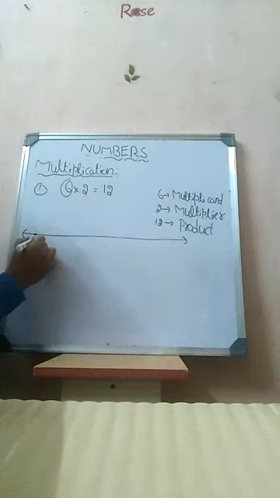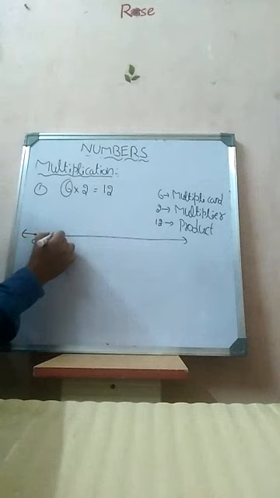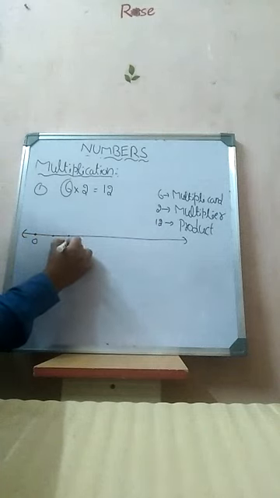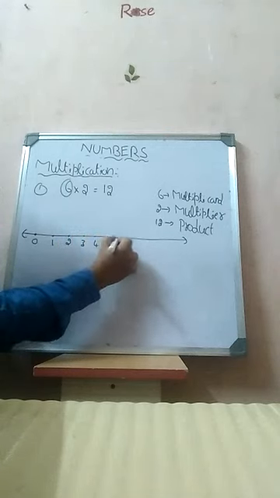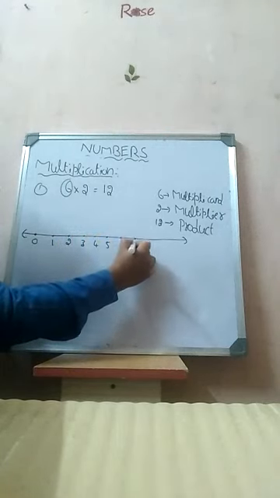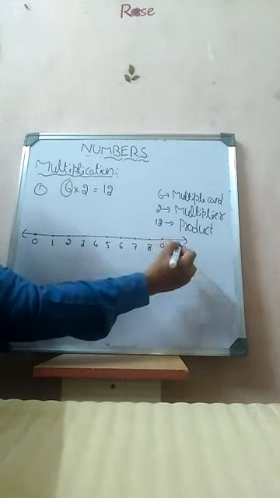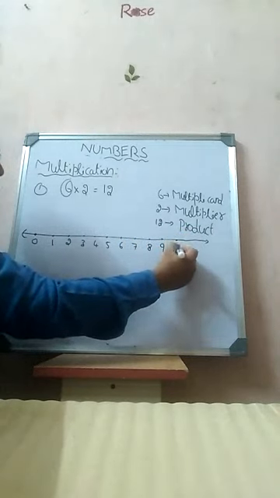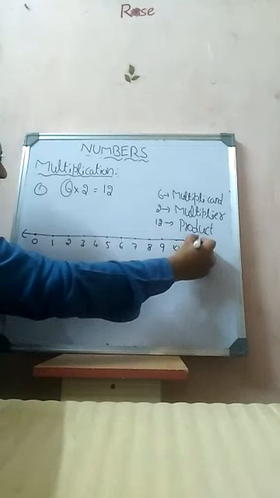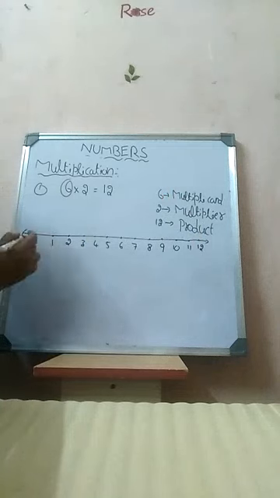So whole number line, that's why marking whole numbers on number line: 0, 1, 2, 3, 4, 5, 6, 7, 8, 9, 10, 11, 12.